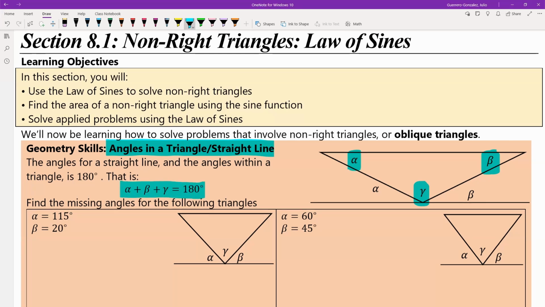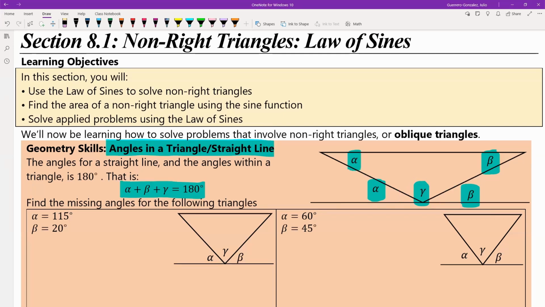That is the equivalent of all the angles adding up to 180 degrees across a flat line. All of them have to add up to 180 degrees.